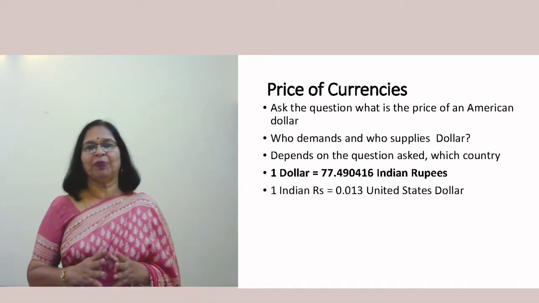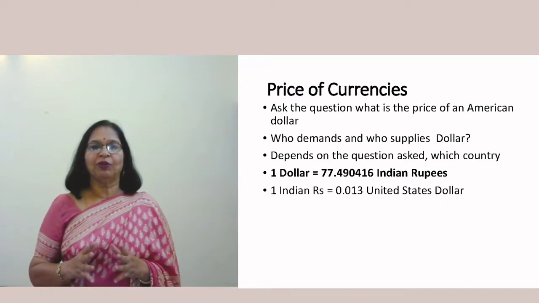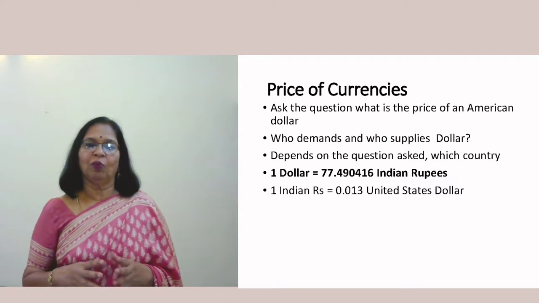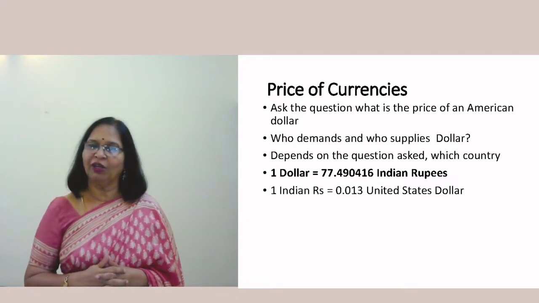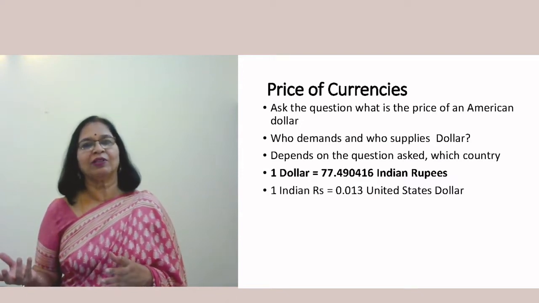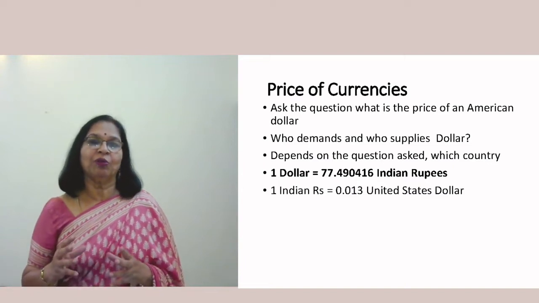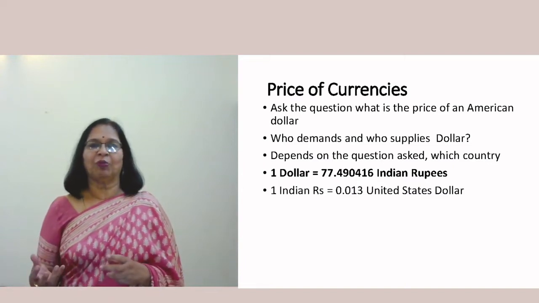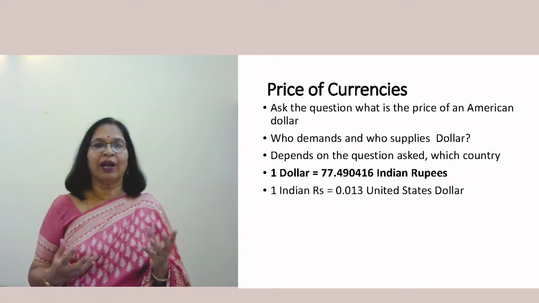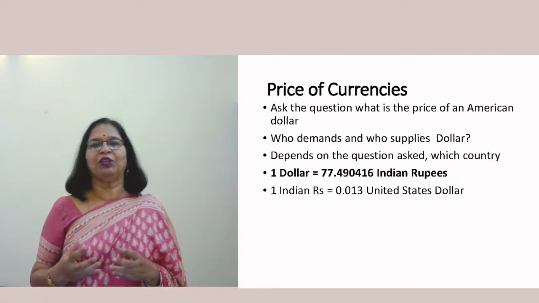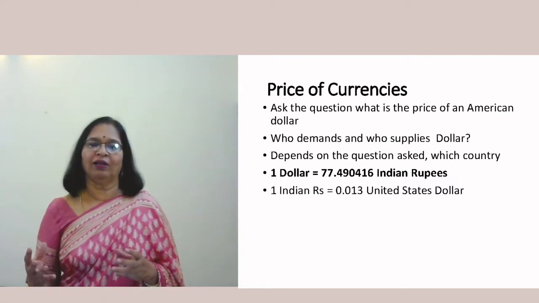Let's look at the price of a commodity. So we ask a question: what is the price of an American dollar? Like, what is the price of a unit of bread? So dollar is a commodity, and price is the rupee that we need to spend to buy $1.